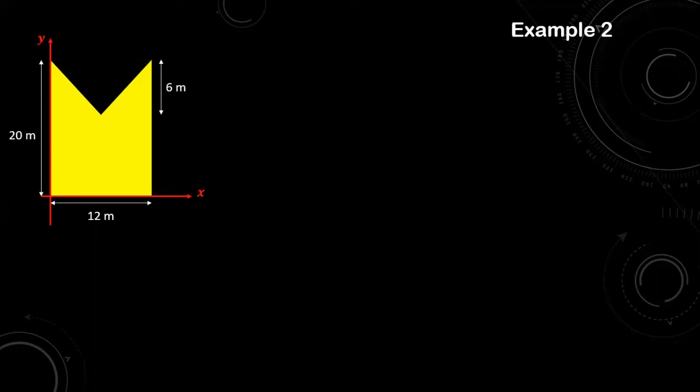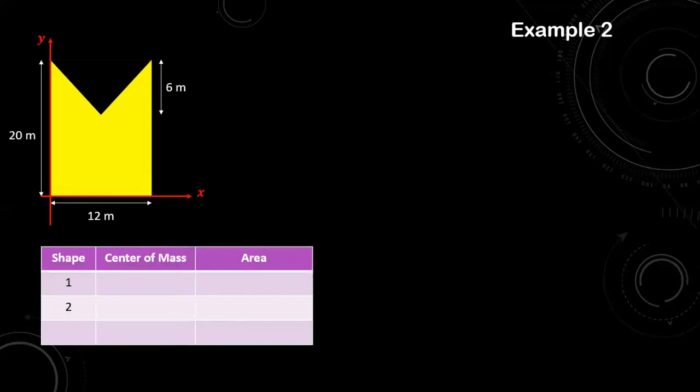Okay, we can manipulate this object by these steps. First, we list the first shape's center of mass and area, for shape 1 and shape 2. How do you know that this object consists of shape 1 and shape 2?